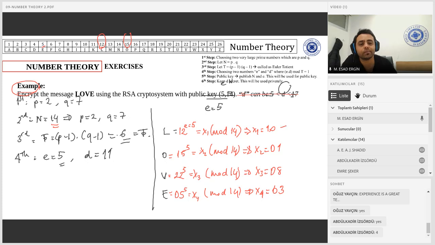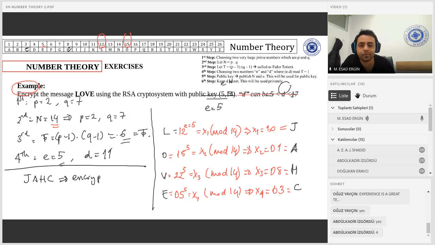So what are these letters in our alphabet? For the 10, it is J. For the 1, it is A. For 8, it is H. For 3, it is C. So here is J, A, H, and C. It is the encrypted message of love.